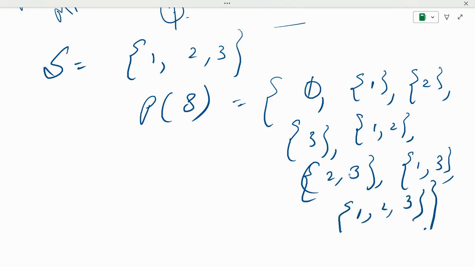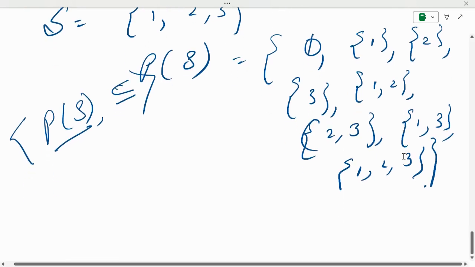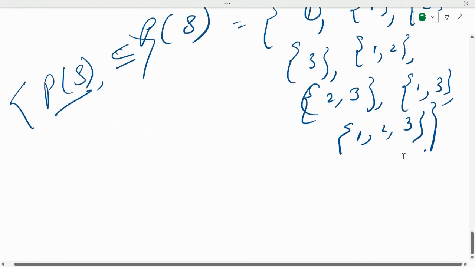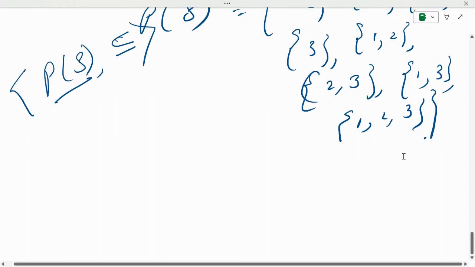And if we define a poset such that the subset operation is defined on P of S, then for this poset, how will we construct the Hasse diagram?